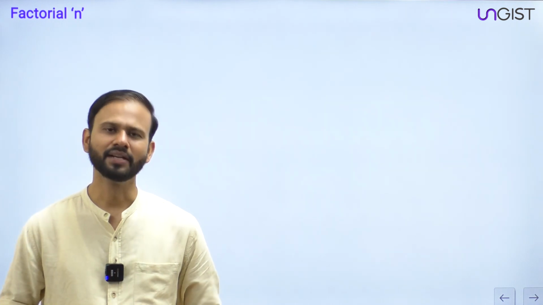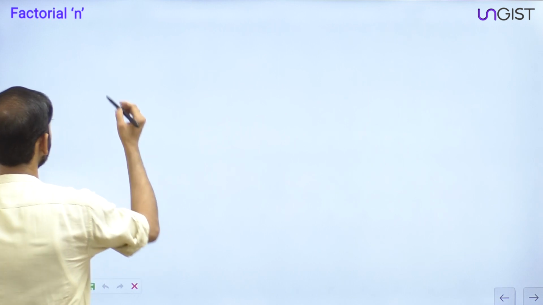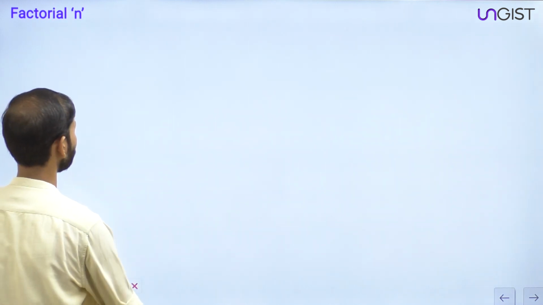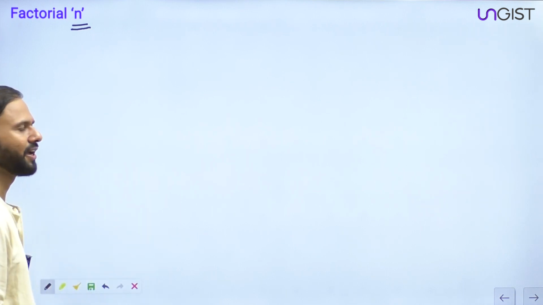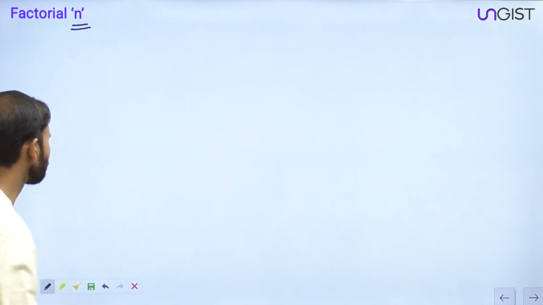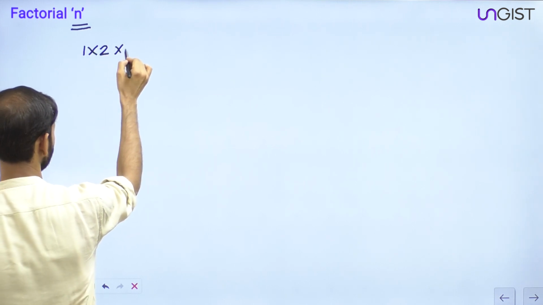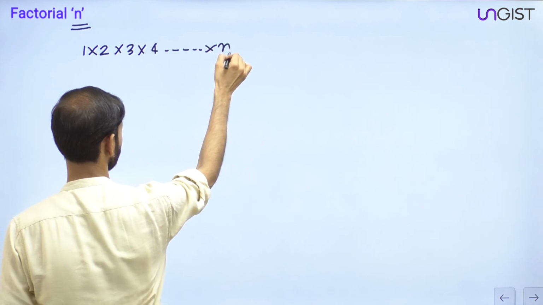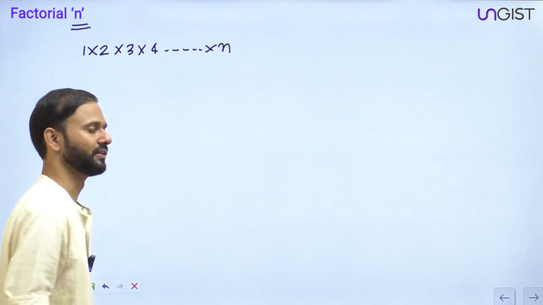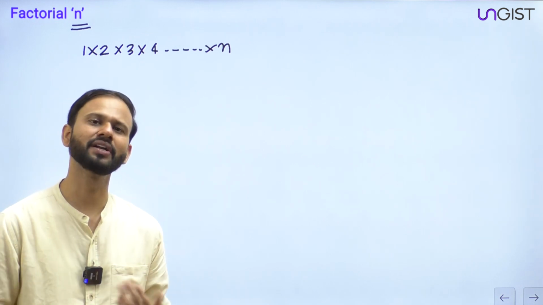Alright, no problem. Let me tell you what factorial n is. When we multiply from 1 to n, for example 1 into 2 into 3 into 4 and so on up to n, this is known as factorial n.